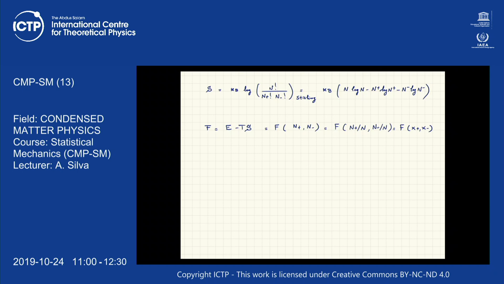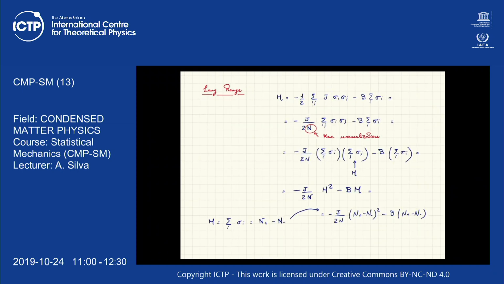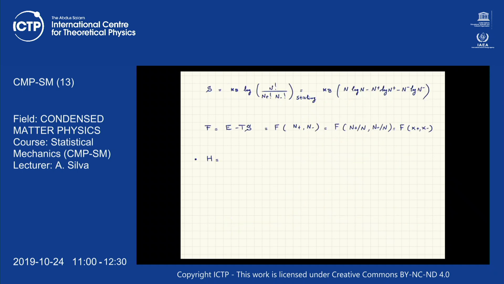Now, if I do this, then I can rewrite my energy H. It's just a matter of doing a quick calculation. Here you multiply and divide by N, and you put the N squared inside. And here you multiply and divide by N, and you put the N inside. And you see that you will get at the end minus N times J over 2 (x plus minus x minus) squared minus B N (x plus minus x minus).